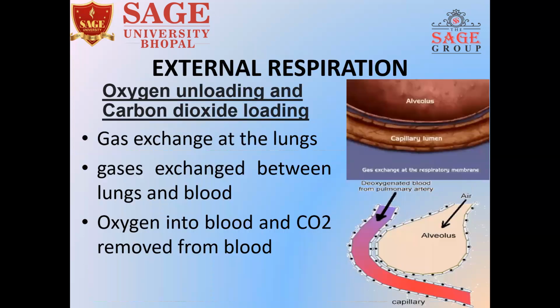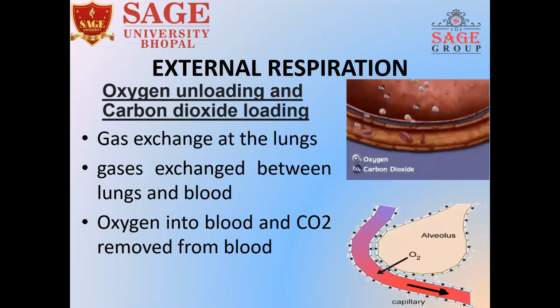Second phase, external respiration. We already discussed that external respiration occurs in the lung where the oxygen is unloaded to the bloodstream and carbon dioxide is loaded into the alveoli. Gases exchange between the lungs and the bloodstream.